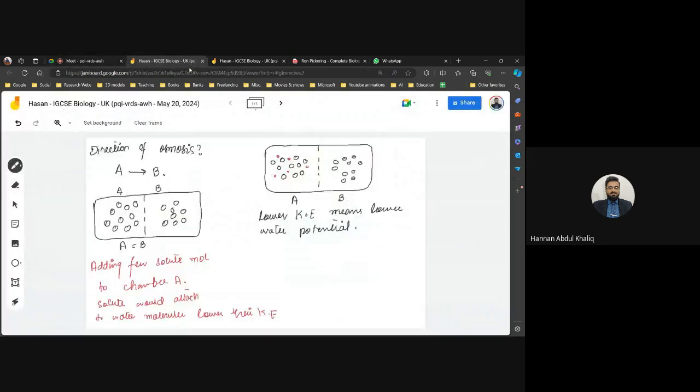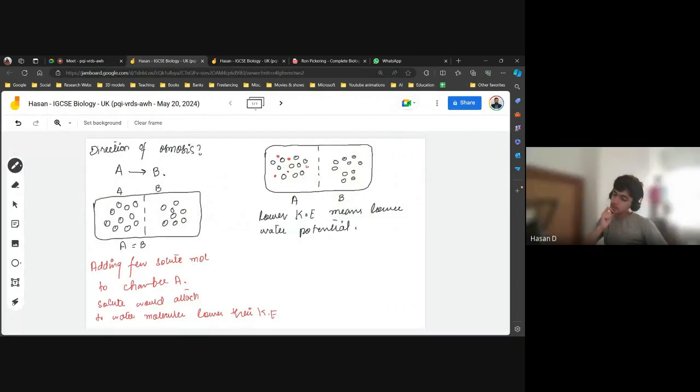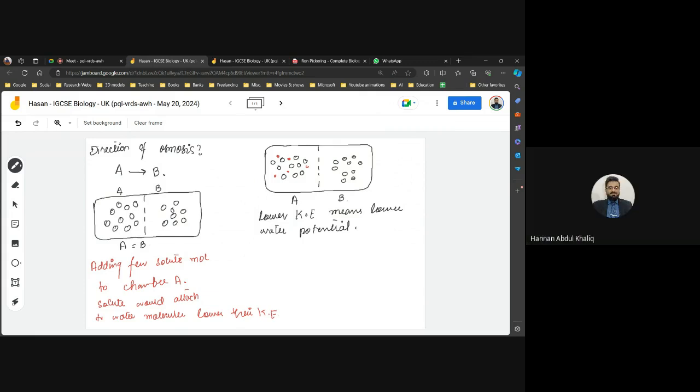Lower kinetic energy means lower water potential. So if you're adding the solute, that would lower the kinetic energy of water in whatever chamber you are adding the solute in.